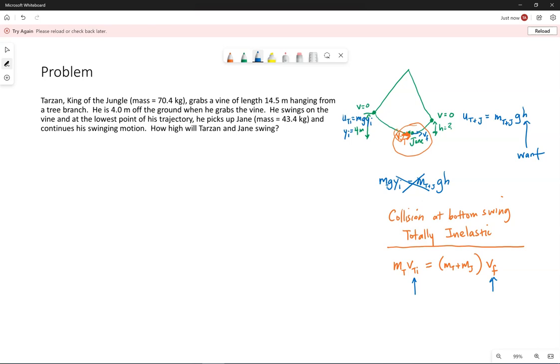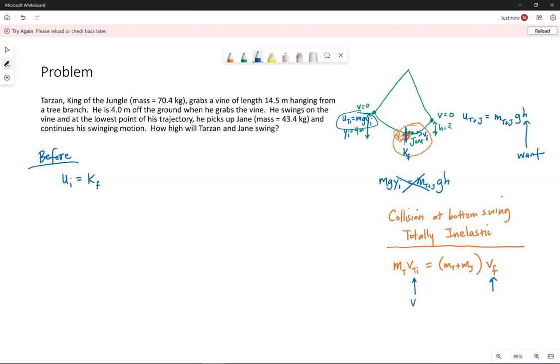If we think about before, Tarzan has grabbed this vine, he starts to swing. He does have potential energy initially, and it will turn into kinetic energy right before he picks up Jane.